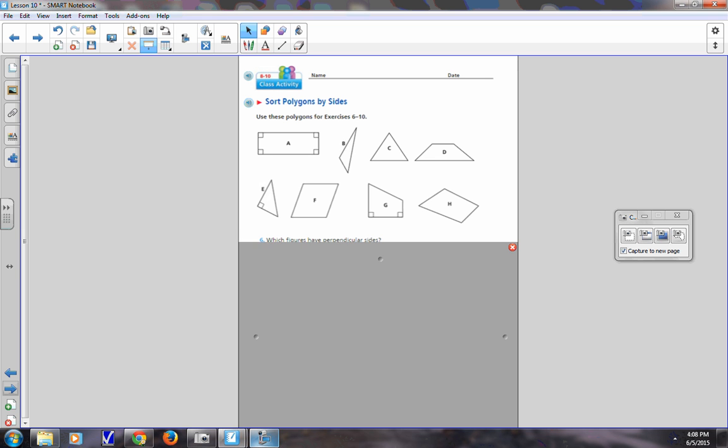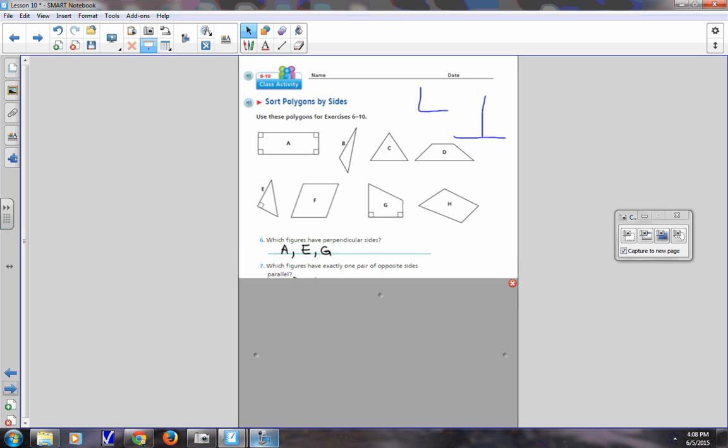And the first way to do that is if they have perpendicular sides or not. And perpendicular, remember, looks like this. They have two sides that meet at a 90-degree angle. So it's real easy to see that A, E, and G are figures that have perpendicular sides.